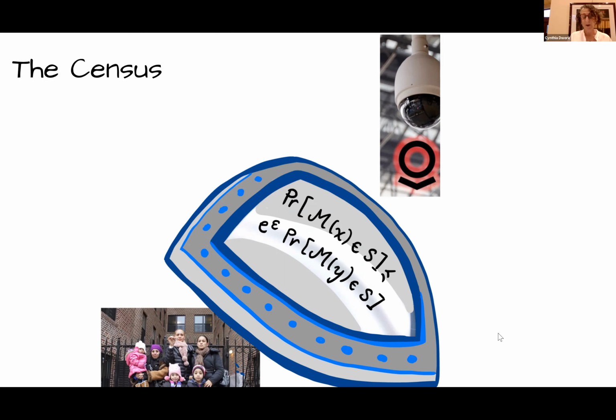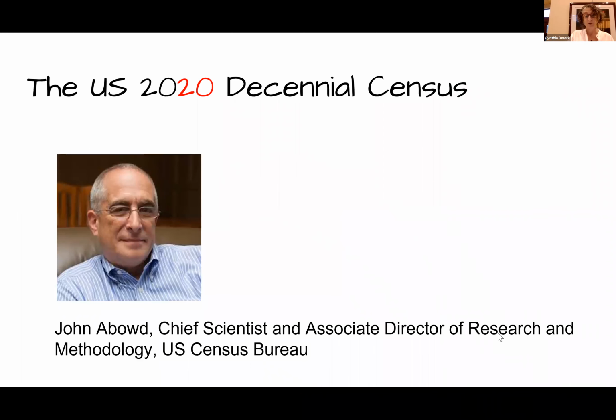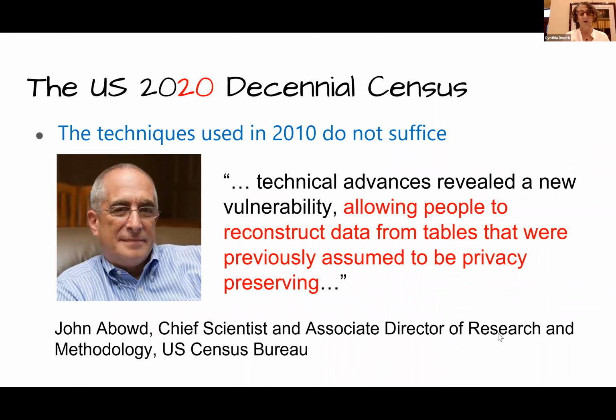And the Census Bureau has a legal mandate for privacy. So this is what they're using. And the reason that they decided to do this was precisely that fundamental theorem that I told you about.